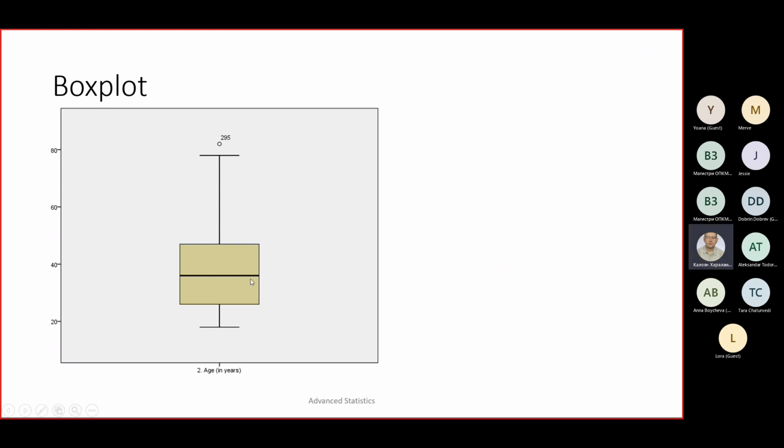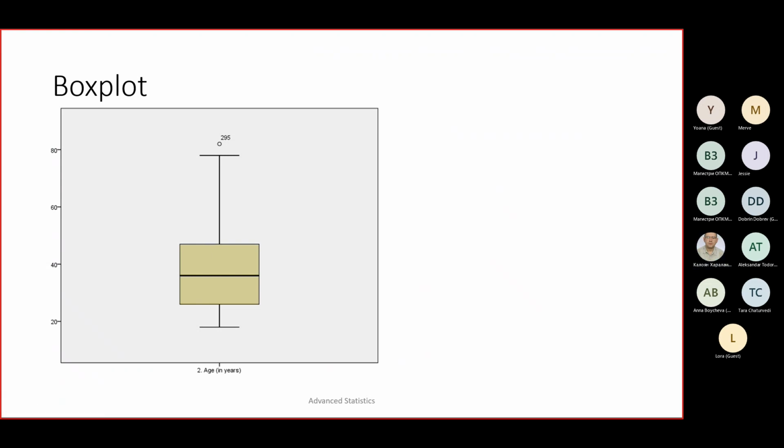In this chart, this line here represents median. These edges of the box, upper edge and lower edge, they represent so-called quartiles.